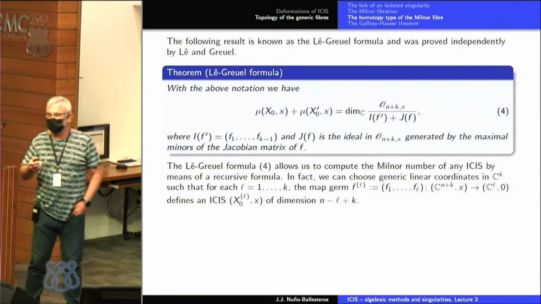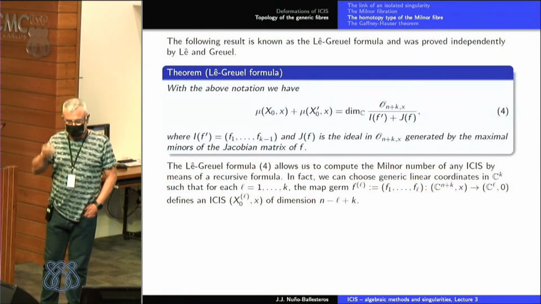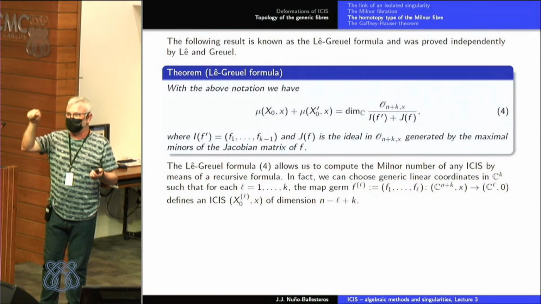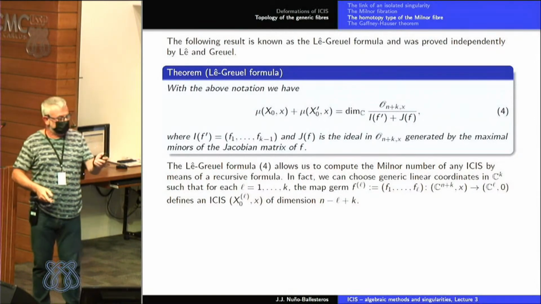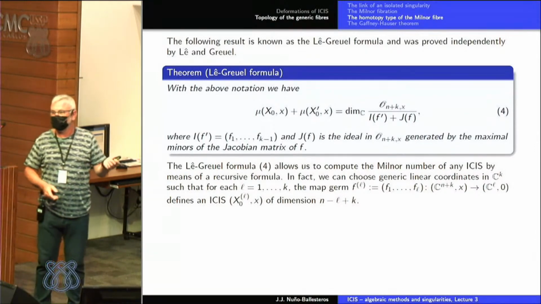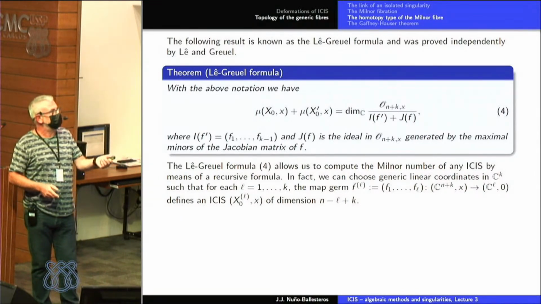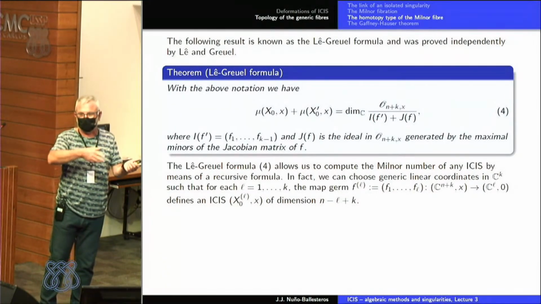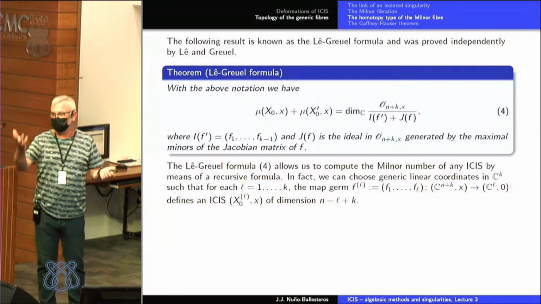If you recall the lecture by Matthias and Anne yesterday, they defined this random matrix, which is used to produce these generic linear coordinates. You take the functions in such a way that one of the functions is a generic linear combination of the others. This is the way that they computed yesterday.